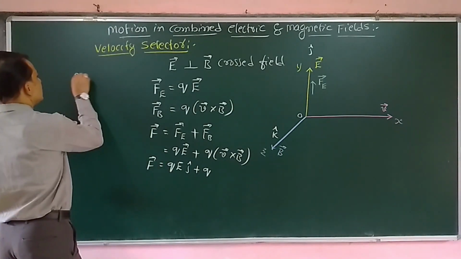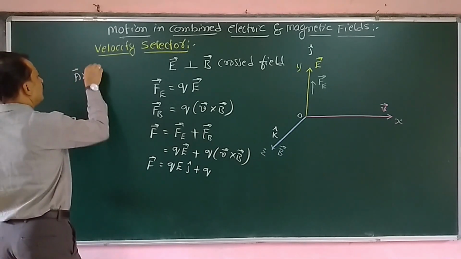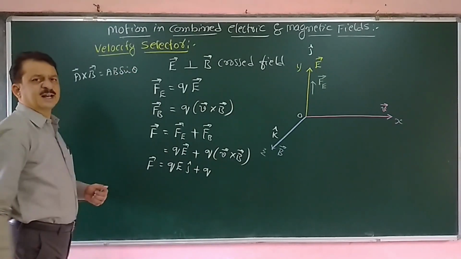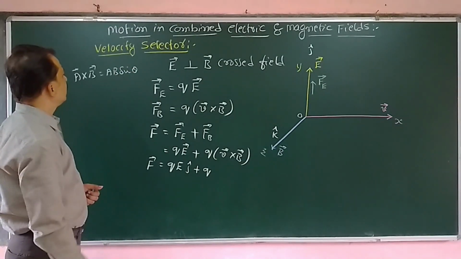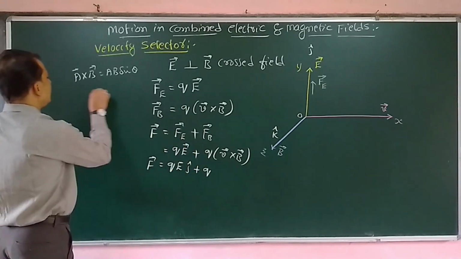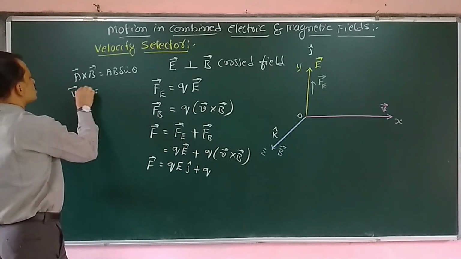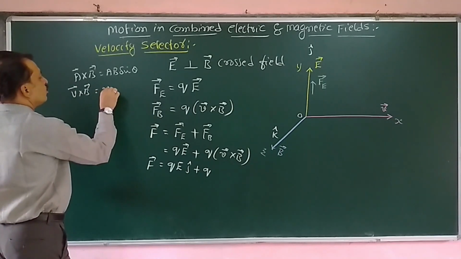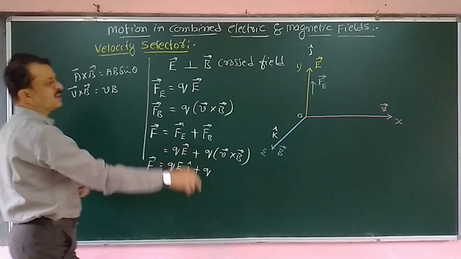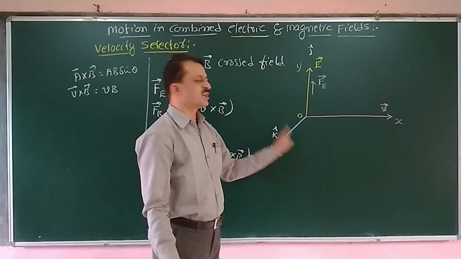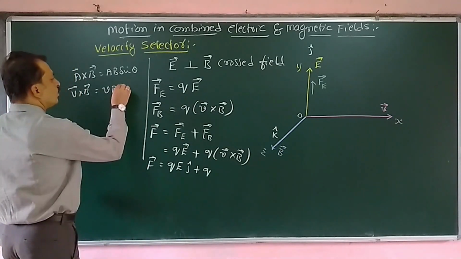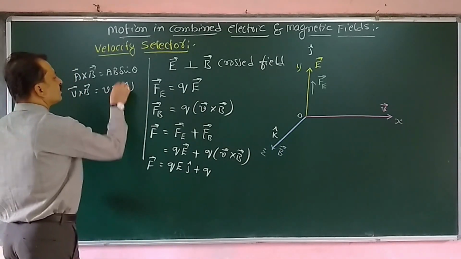Now A cross B is a general formula. It is AB sin theta with unit vector. In the similar way, V cross B can be written as V B sin theta. Here, since these two are perpendicular to each other, sin 90 is 1 with some unit vector.